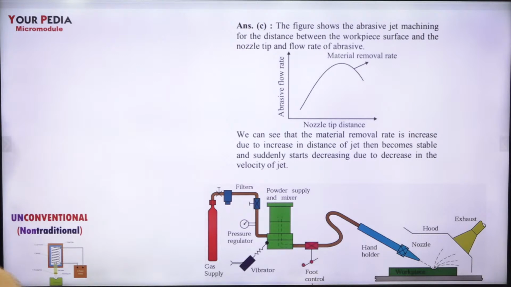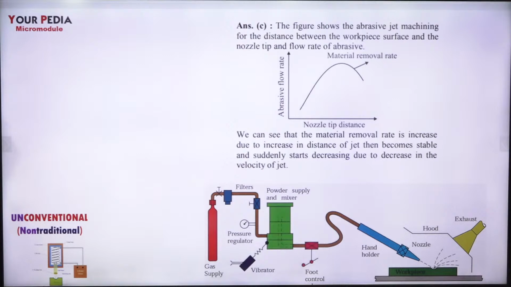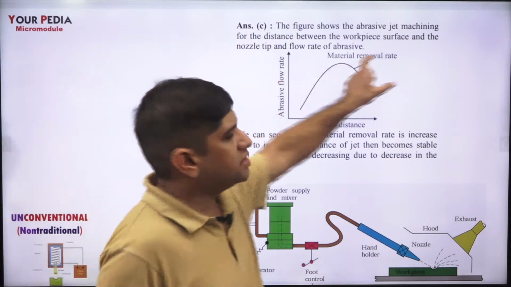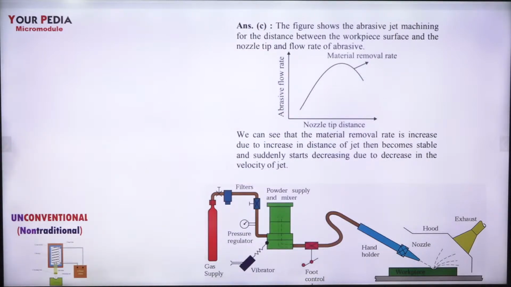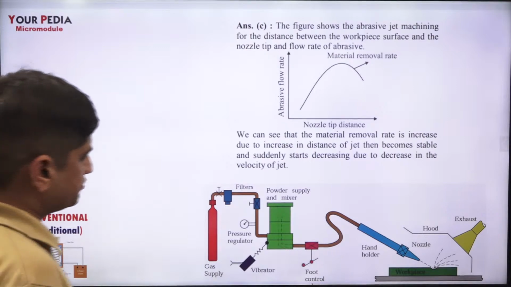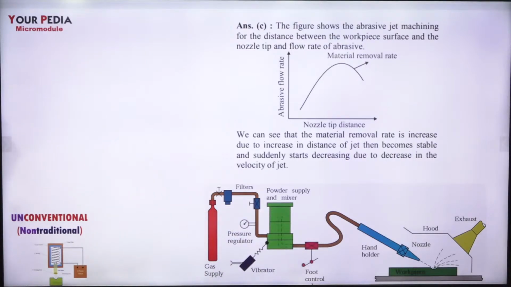Similarly, as I keep on increasing abrasive flow rate, material removal rate is also similarly related. Why does it decrease? Because as I increase the gap, the velocity will decrease, and at a particular distance, velocity will be maximum. This is a typical nozzle, at which you supply the abrasive particles to the workpiece. Remember, this graph is a very, very important graph.